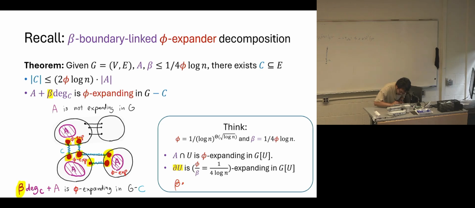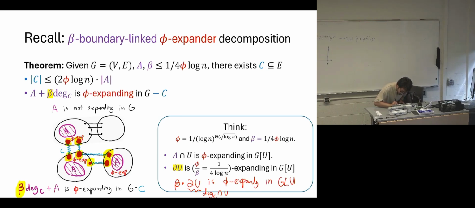Well, because beta times boundary, or just think of this as degree C intersect U, this thing is phi expanding in GU.